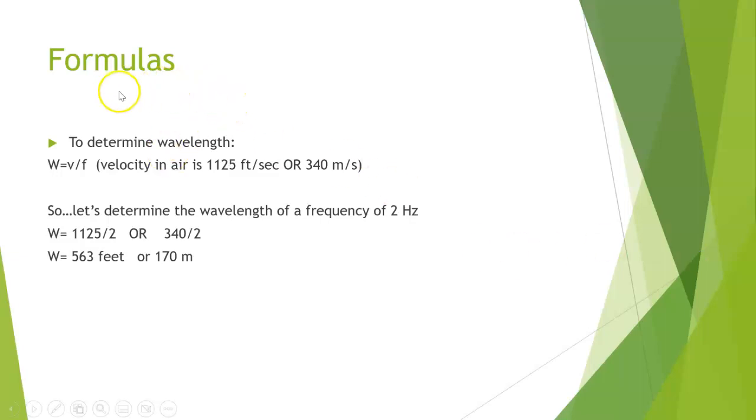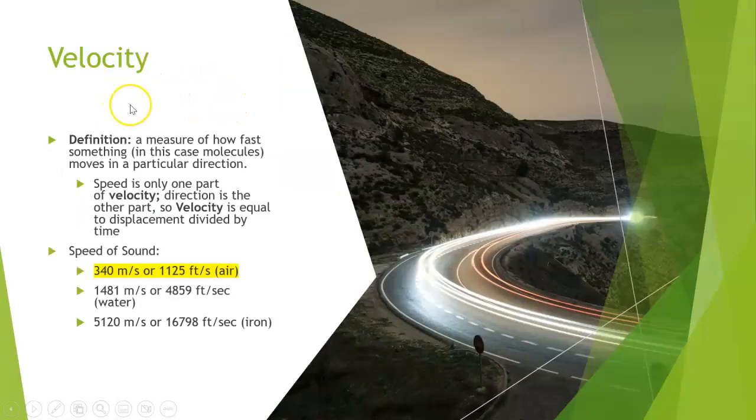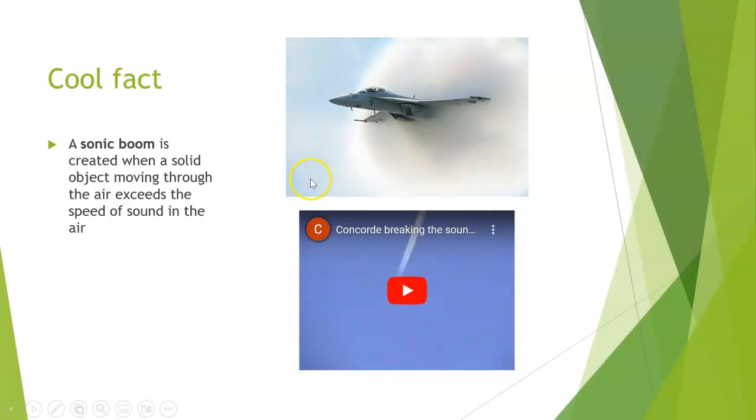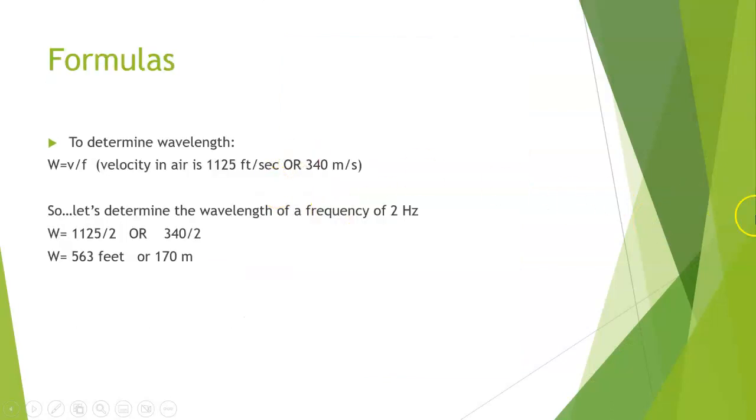So because wavelength, velocity, and frequency are related, it allows us to calculate the wavelength by using the velocity and the frequency. Okay, so the formula for determining wavelength is that wavelength equals velocity divided by frequency.